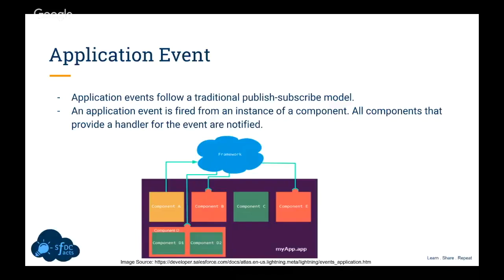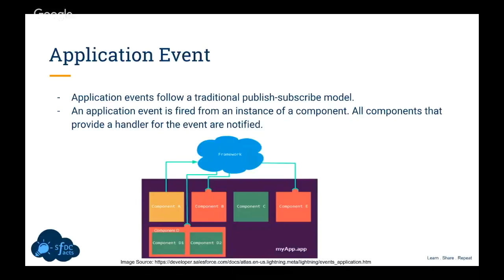So the condition is they must define an aura handler to handle this event. It does not matter if they are a parent component or the child component. It does not matter if they belong to same hierarchy or not. As long as they have subscribed to the event, or as long as they are using aura handler for that event, they should be able to handle the event. So that is the main difference between application event and component event.